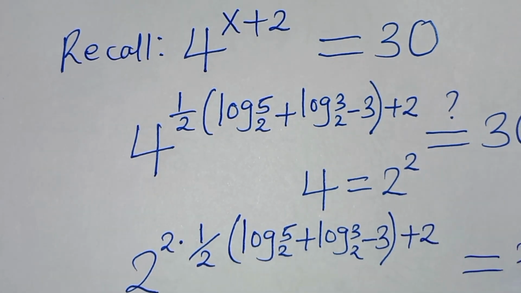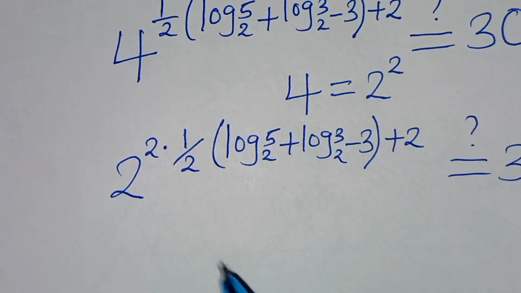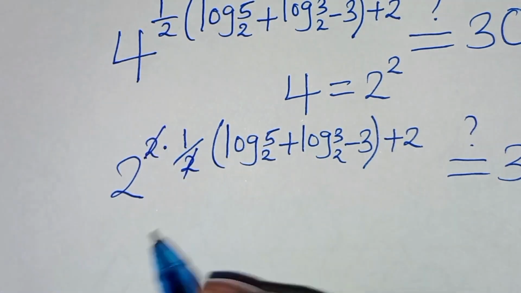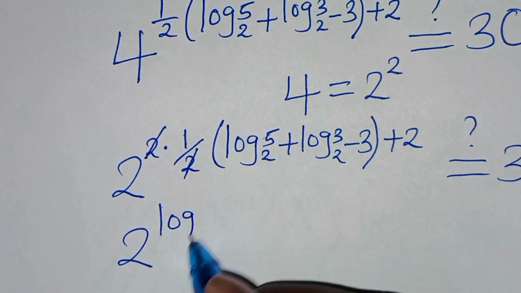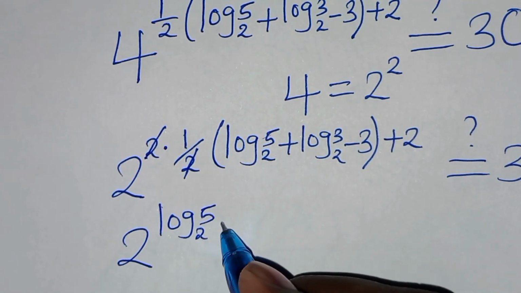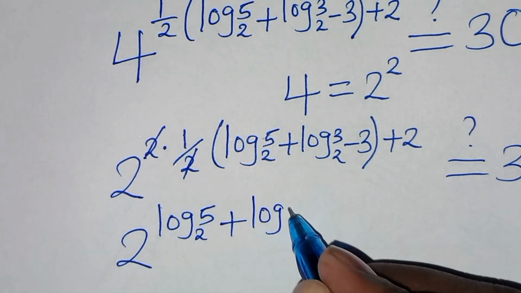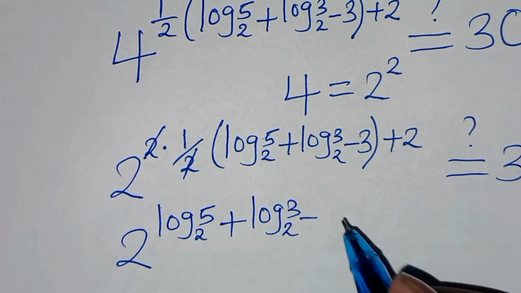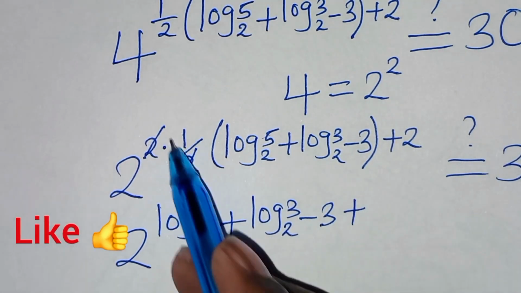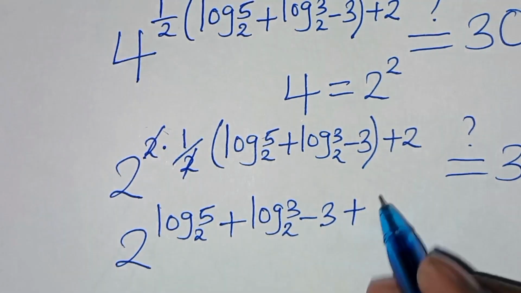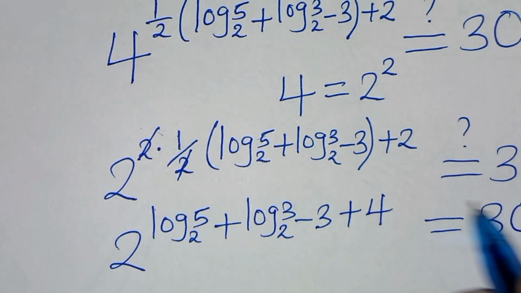This should give us a value of 30. The next step is that we can simplify here, so that now we have 2 to power log 5 to base 2 plus, here we'll have log 3 to base 2, subtract 3, plus, now here we have 2 times 2, this is 4. Then this should give us a value of 30.